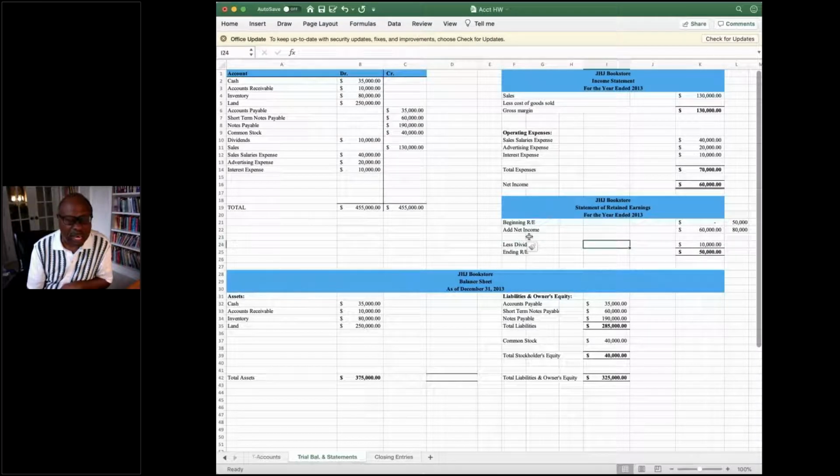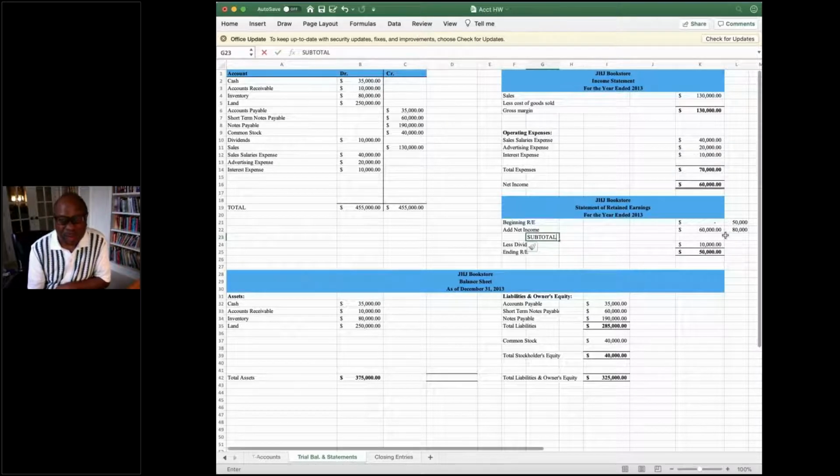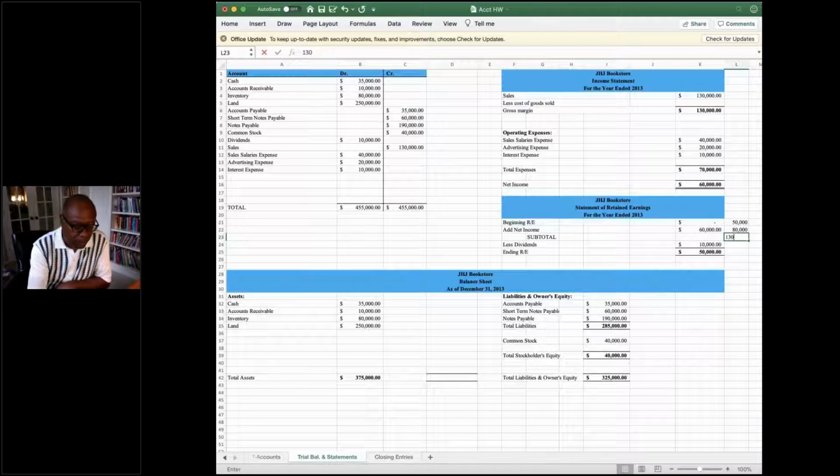So what I expect you to do is come in here and put subtotal here. Okay, and then what will be here? 130? The beginning balance plus the net income from this period. Yeah, okay.